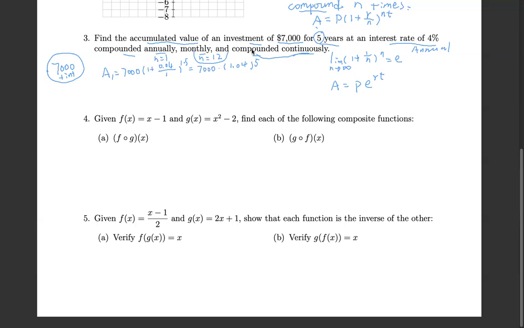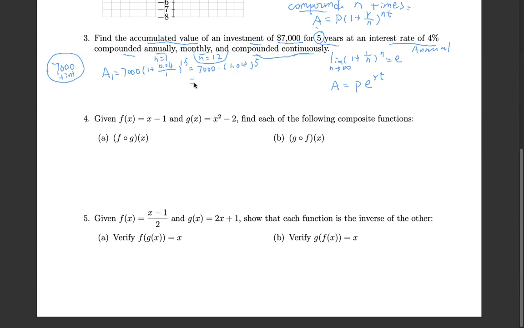I would do 1.04 first, then raise it to 5. I don't have a raise-to button, I'm doing this on my phone, so I'm going to multiply 1.04 five times. Okay, I get 1.216.